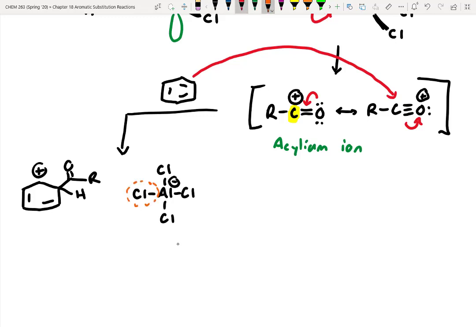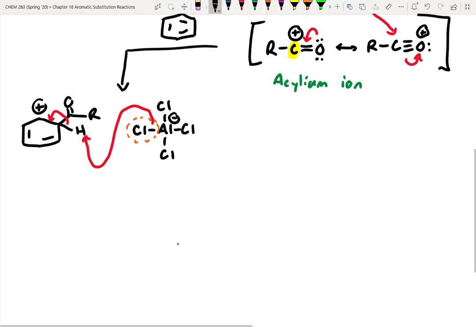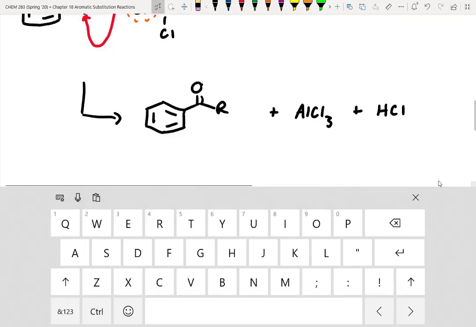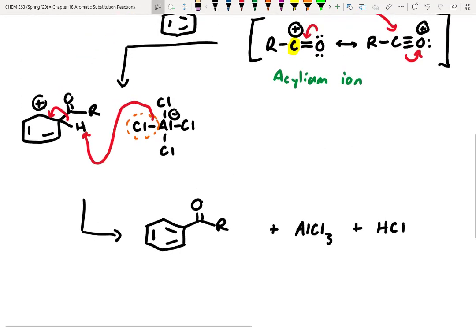And this chlorine can act as a weak base, can grab this proton, and it can restore aromaticity to the system, thereby giving us our acylated product and regenerating our aluminum trichloride along with our hydrochloric acid byproduct. So it's a pretty nice reaction, pretty straightforward to carry out.